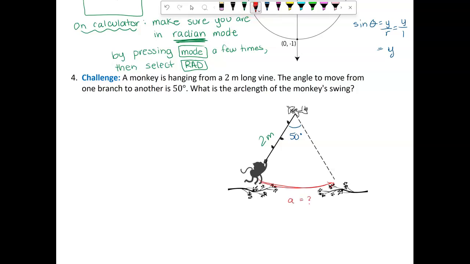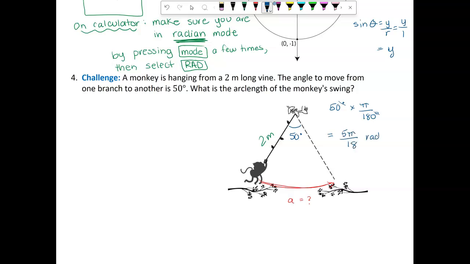Arc length deals with radian measure, not degrees, so first convert this 50 degrees into radian measure. We go 50 degrees times pi over 180. This allows us to get rid of the degree mode. So 50 times pi over 180 simplifies to 5 pi over 18.